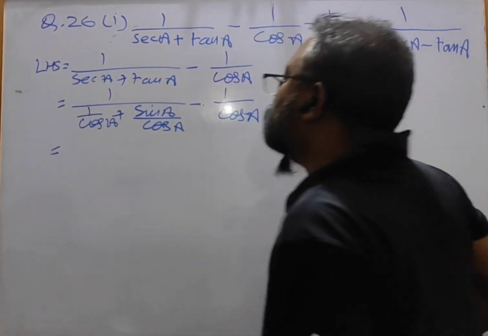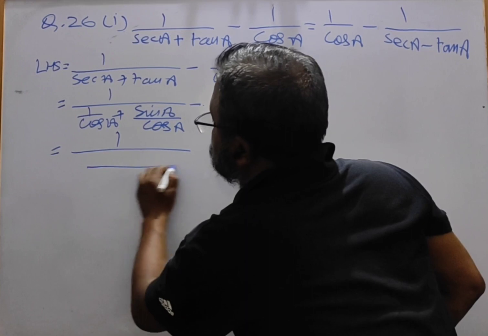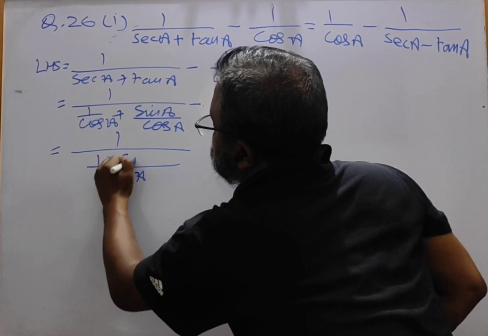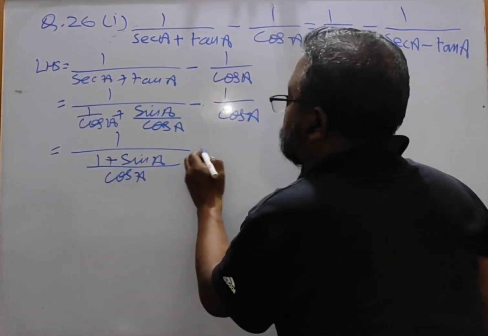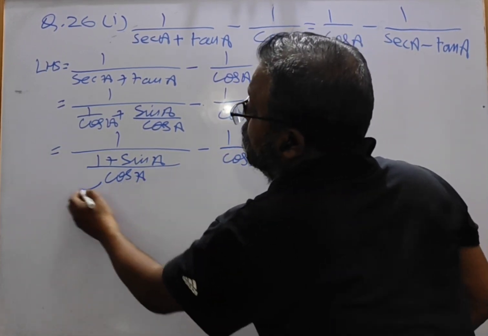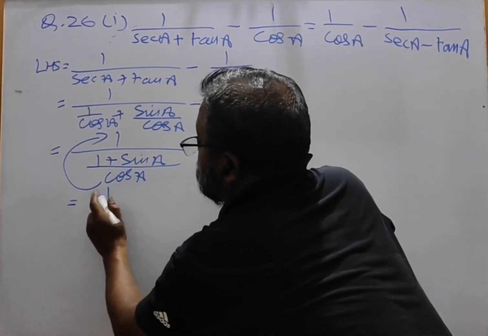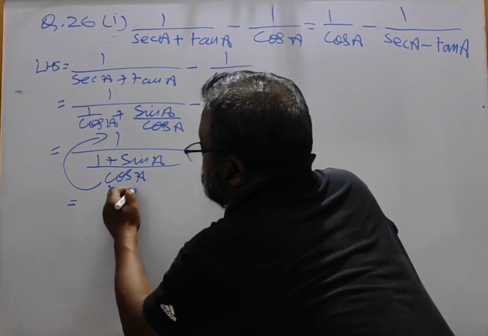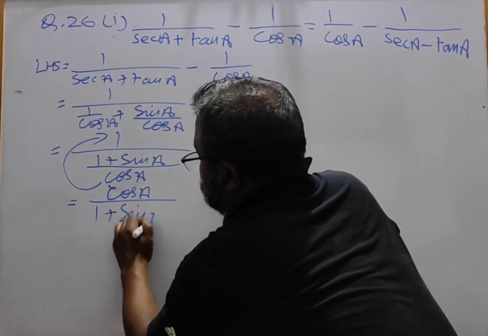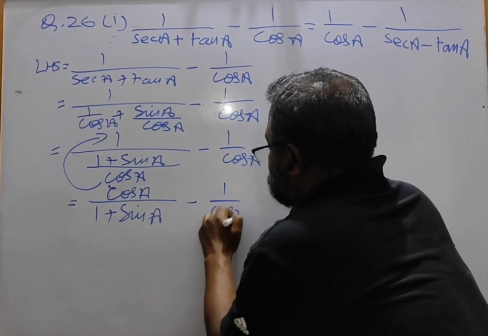Now again we take cos A as common, so it becomes 1 plus sin A, minus 1 upon cos A. Now this cos will go on the numerator, so we get cos A upon 1 plus sin A, minus 1 upon cos A. Ready?